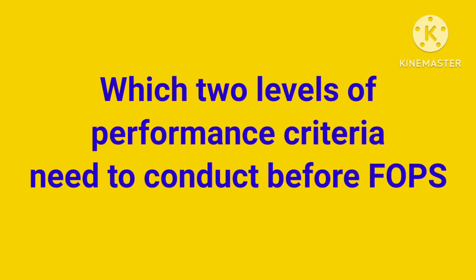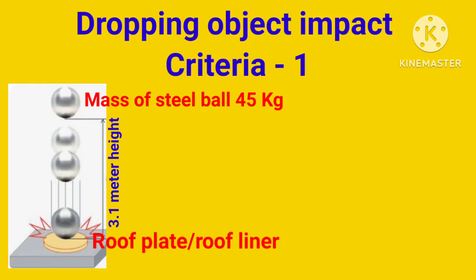We are calculating dropped object impact. In this case, an object dropped from a certain height and hitting the roof plate or roof liner plate of heavy equipment machines like tractors, cranes, dumpers, excavators, etc. will generate a kinetic impact.